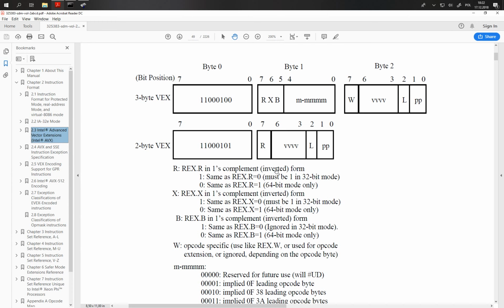In long mode this is no longer a problem, because in long mode there is no LDS or LES instruction at all. These opcodes are completely free in long mode, so they were available to reuse for VEX.